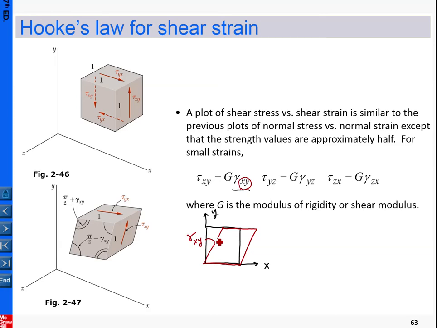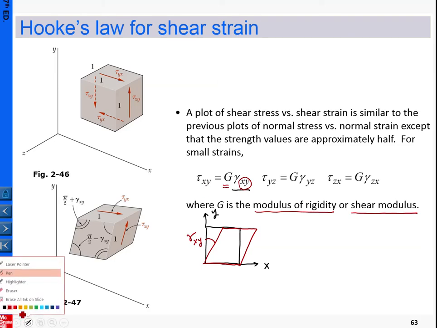Usually this angle is very small. Many textbooks exaggerate it, but keep in mind this angle is very small, usually a hundredth of a degree. Multiply this angle with the material property, called the rigidity modulus, or modulus of rigidity, or simply the shear modulus, and we get the corresponding shearing stress.